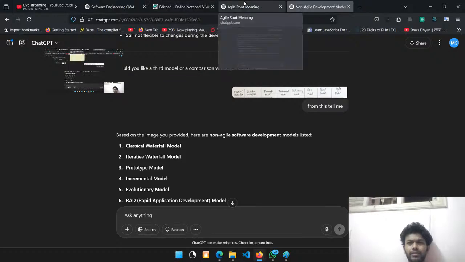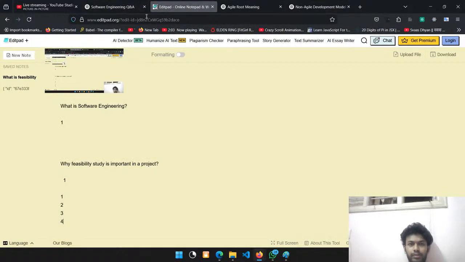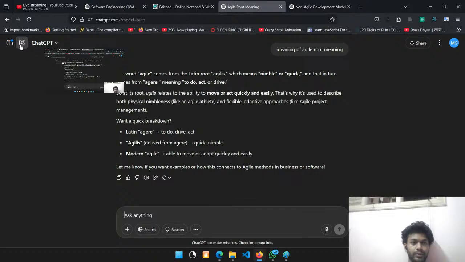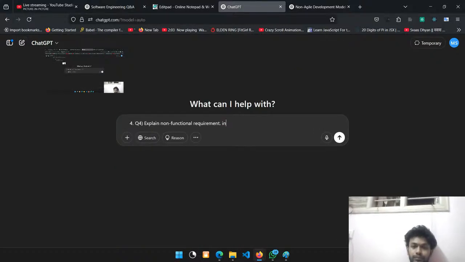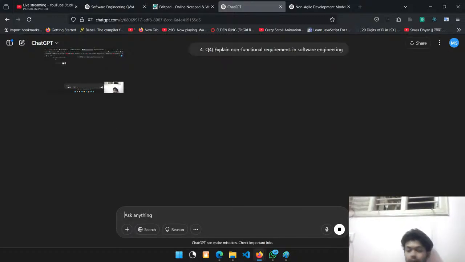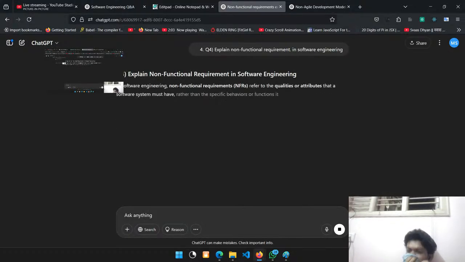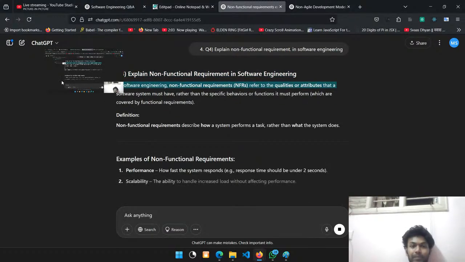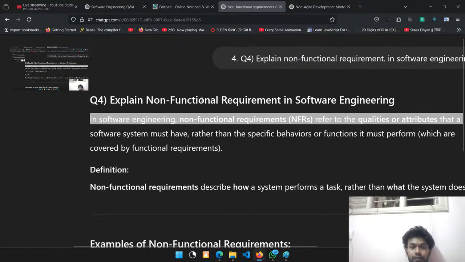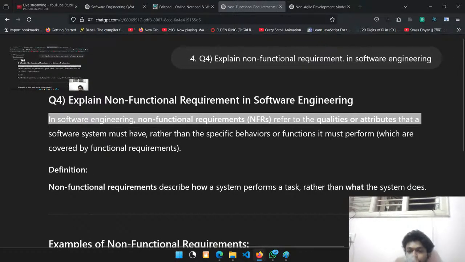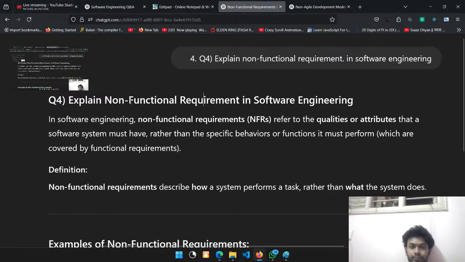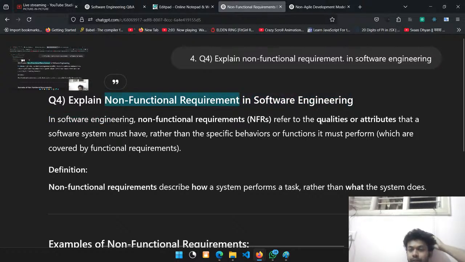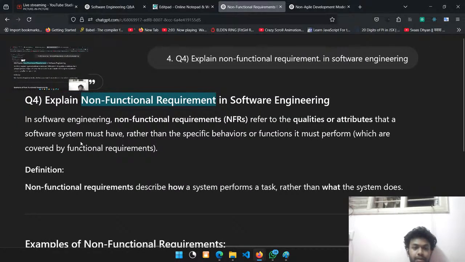Non-functional requirements. Did I do it? Oh no, I didn't. And I have to stop at non-functional requirements. In software engineering, non-functional requirements (NFRs) are referred to as qualities or attributes that software must have, rather than a specific behavior or function it must perform.